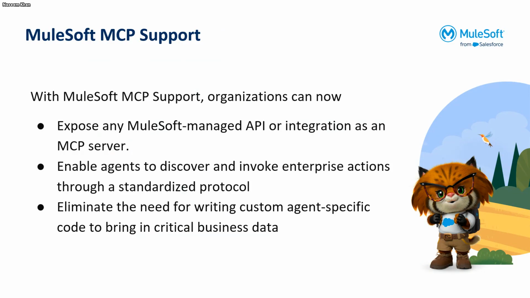So it enables agents to discover and invoke our resources through a standardized protocol, right? And with this MCP support, we can eliminate the need of writing custom agent-specific code. With the third point, we'll see how we can design an API specification by just providing the endpoint and the API name.